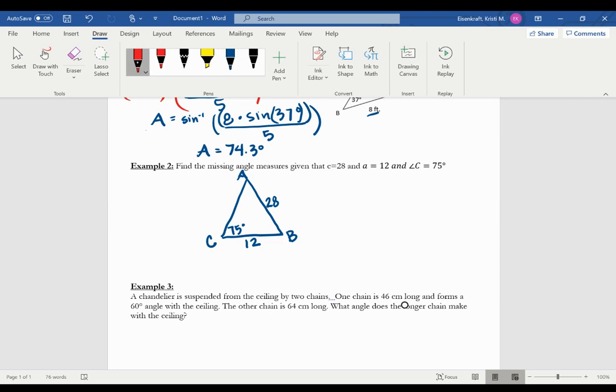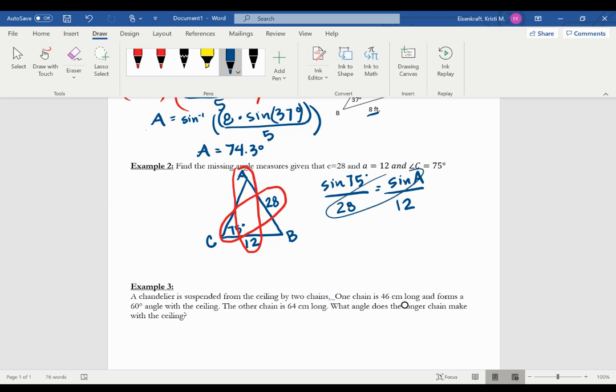So I do know angle C and side C, and then I know side A, and I can use that to find angle A. So let's go ahead and do sine of 75 degrees over 28 is equal to sine of A over 12.